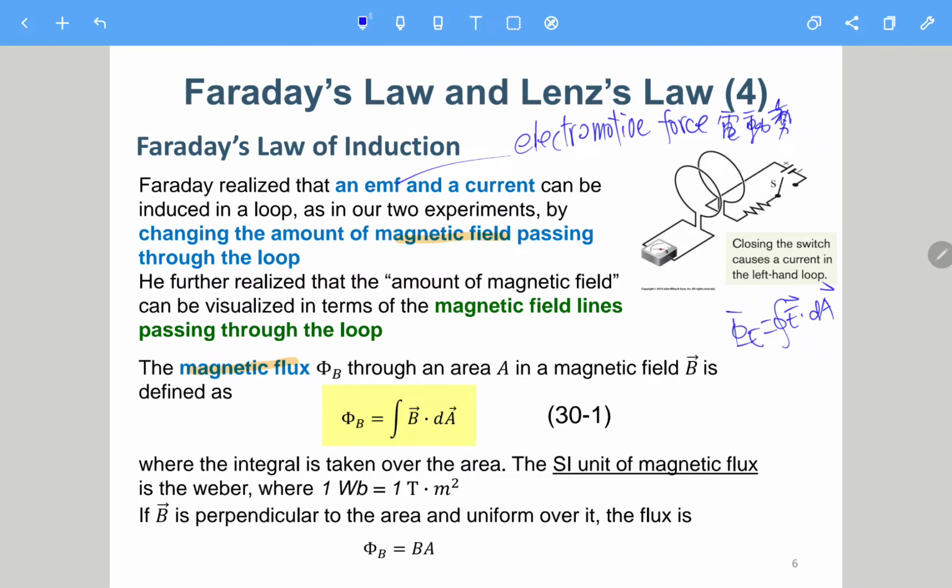right-hand rule. For example, if the current is going like this, usually we will try to use the right-hand rule to determine the direction.